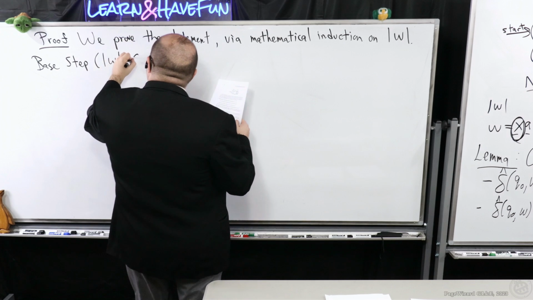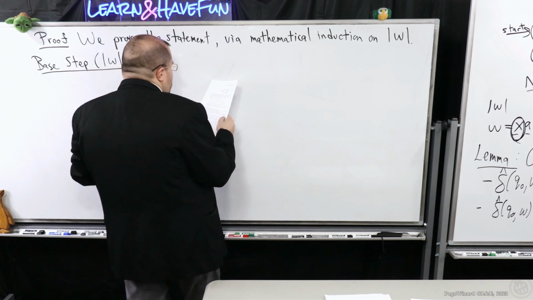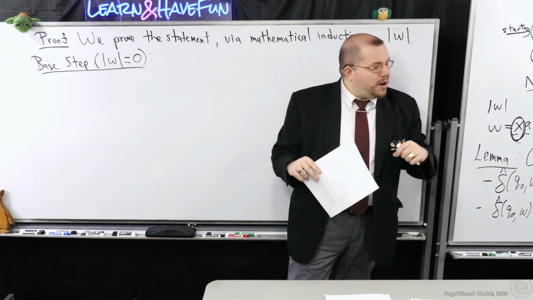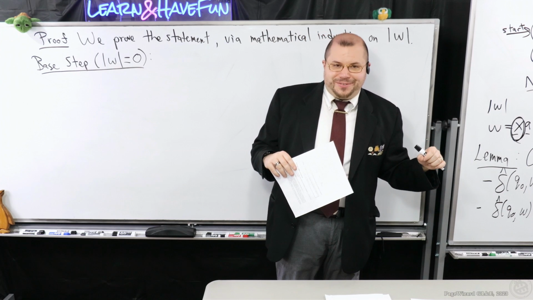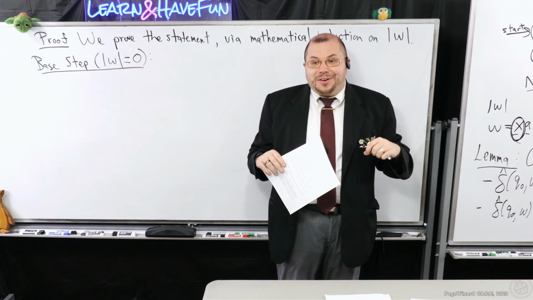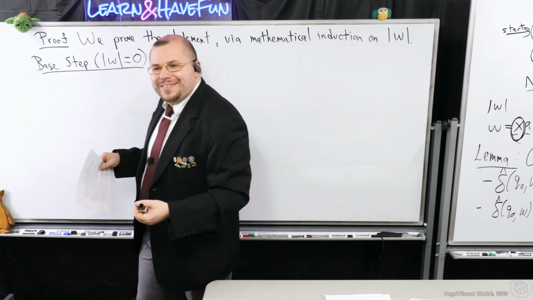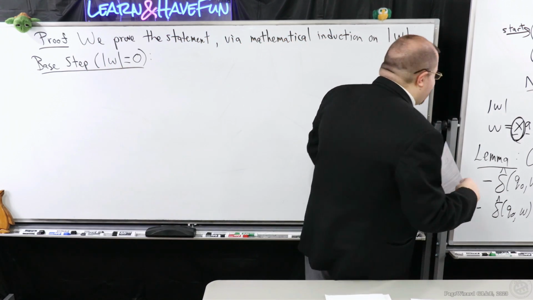We're going to start off when the length of the string is 0. So this is an empty string. This one's not going to be terribly interesting, right? Because if I start off in Q0 and I read the empty string, I'm going to stay in Q0. But how many zeros are in the empty string? There's none, right? So think about what parity that has. Is that even or odd?